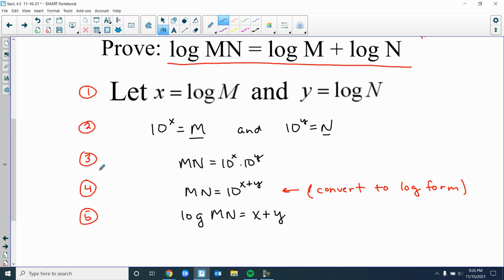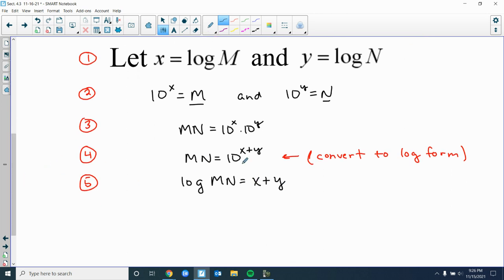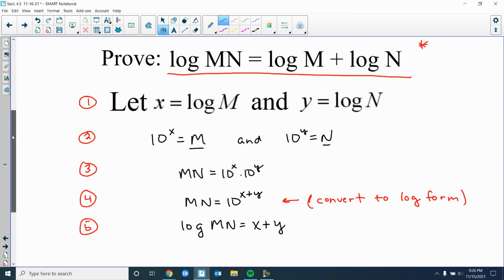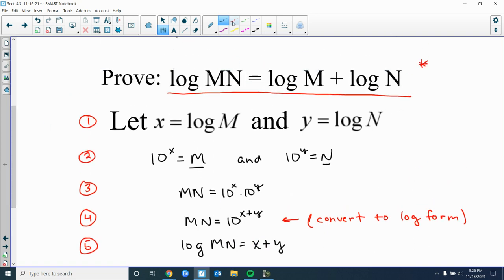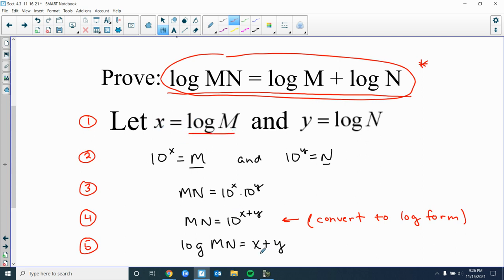Remember, the answer to a log is always an exponent. So the log base 10, or just the log of m times n, equals x plus y. Well, my last statement has to be this statement up here. And I'm almost there. All I have to do is take the x and replace it with log of m right there, and the y and replace it with log of n.